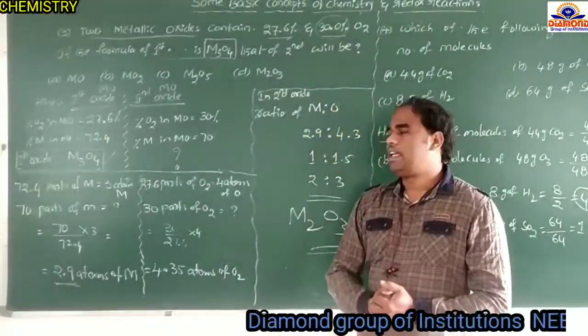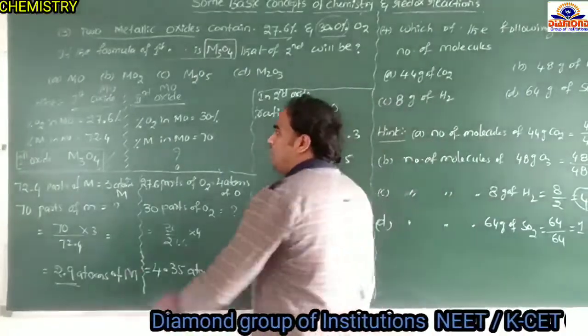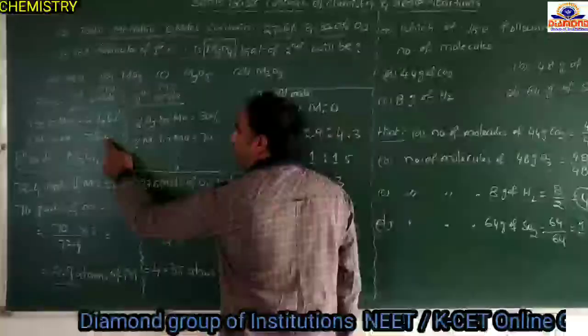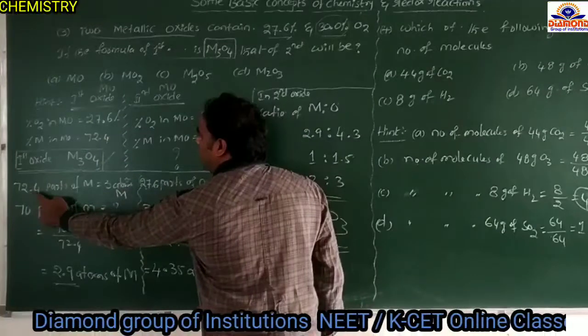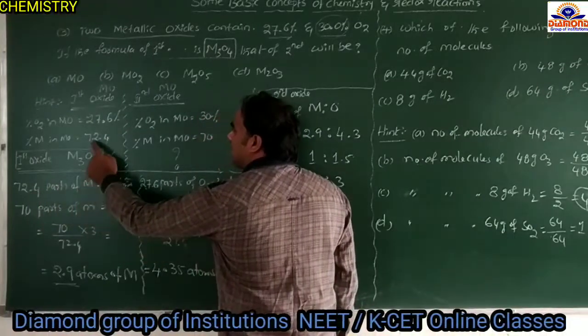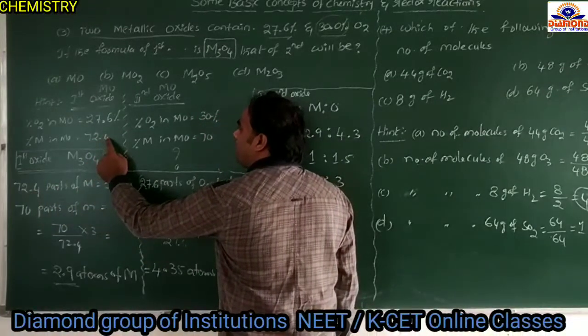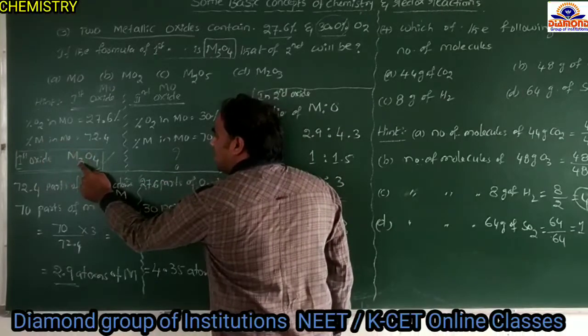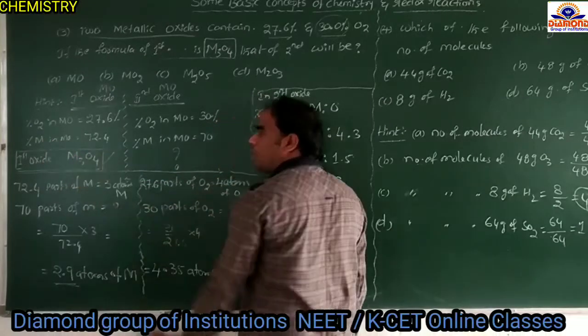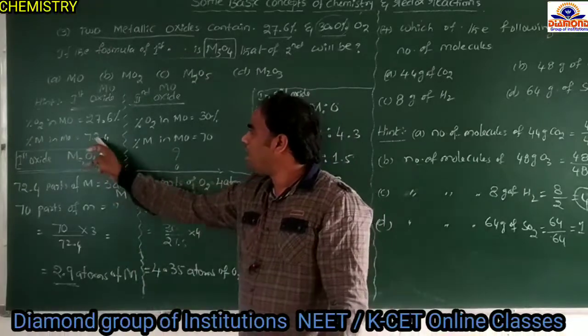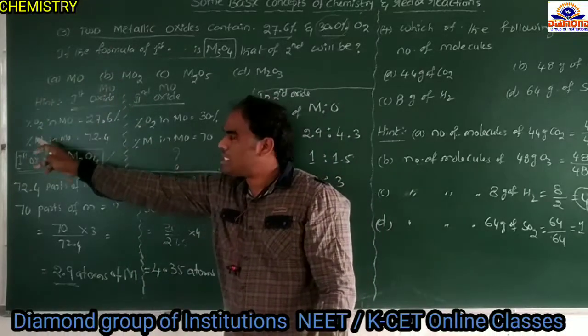And here the hint is: 72.4 parts of metal has 3 metal atoms. This is information about first oxide.